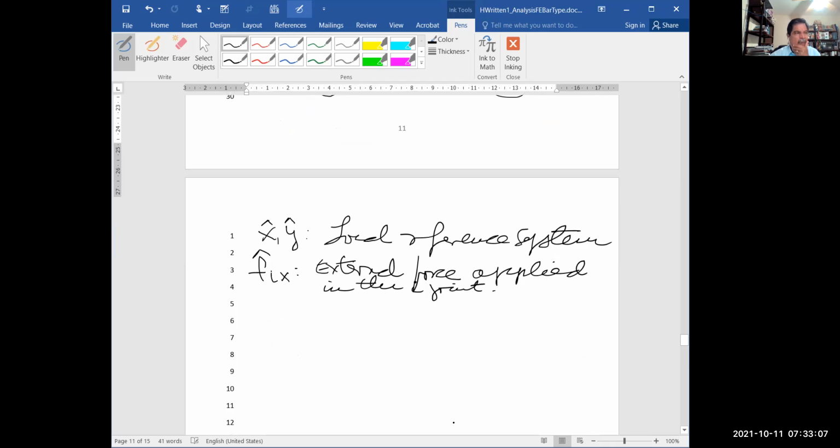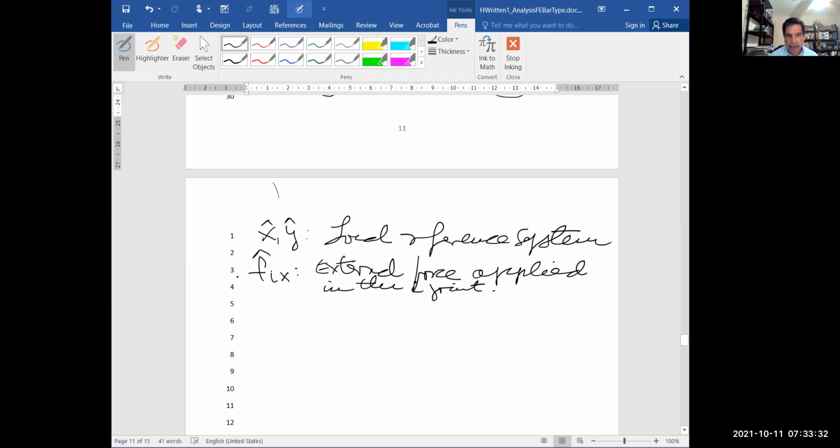Now, what was the next step? Remember, we mentioned that there are two phases in the finite element discretization. The first one is to partition, and that's what we have done. We have taken one single element. The other phase is to establish an interpolation.